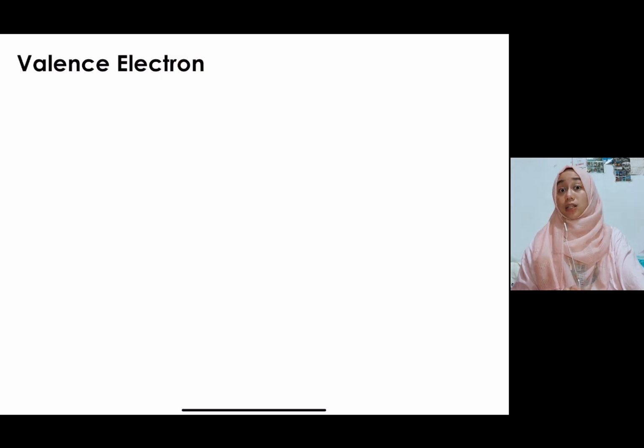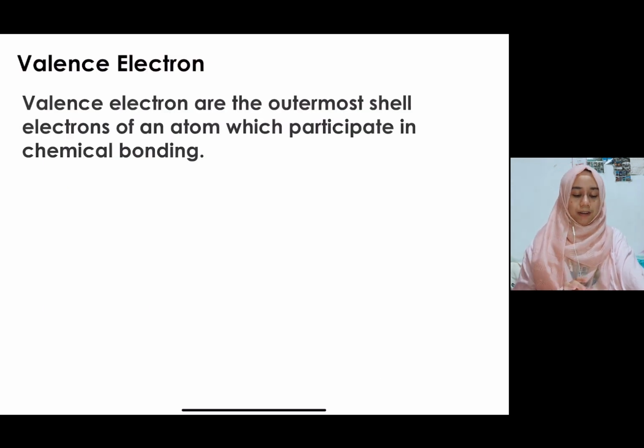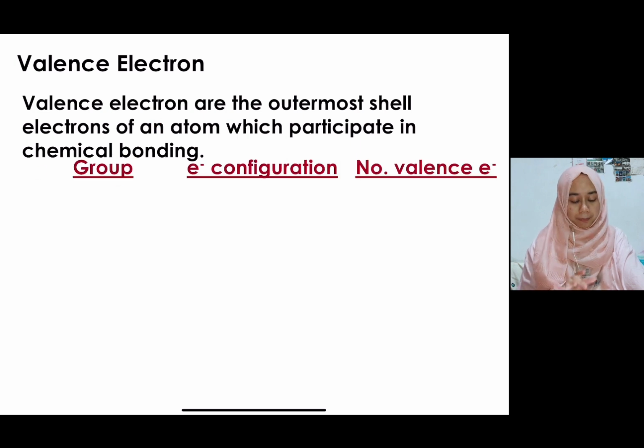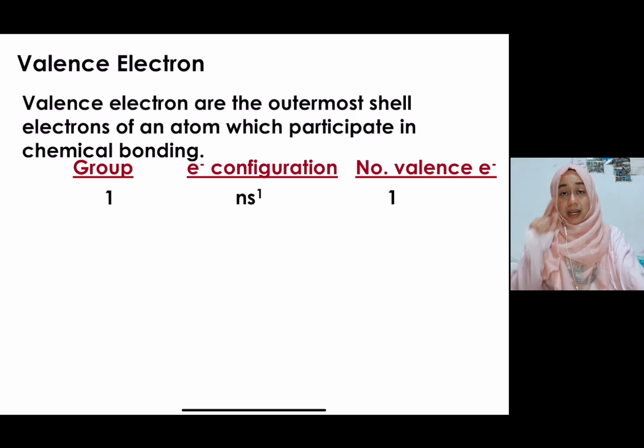So what is valence electron? By now you should know that the valence electrons are the outermost shell electrons, which will participate in the chemical bonding. For example, if we have group 1 elements, meaning the valence electronic configuration is ns1, therefore the number of valence electrons is 1.